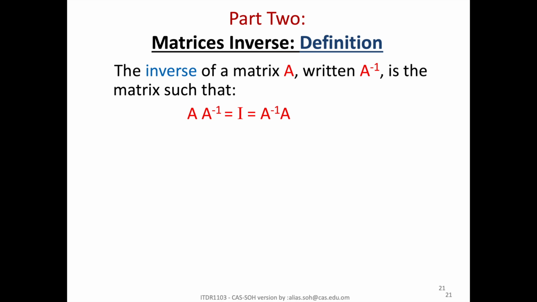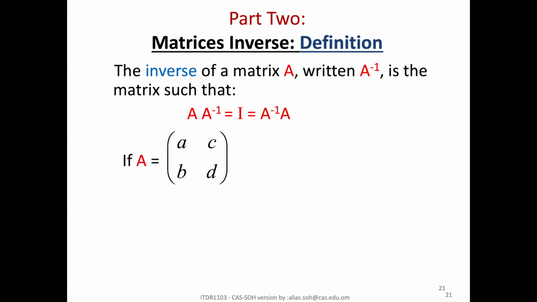Now, why did we introduce the identity and the determinant? Because to find an inverse, we should have a determinant, and to make sure that we got the right inverse, the result of multiplying the matrix with its inverse should give us the identity.